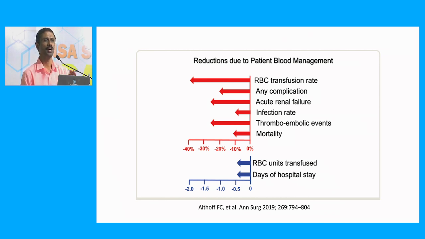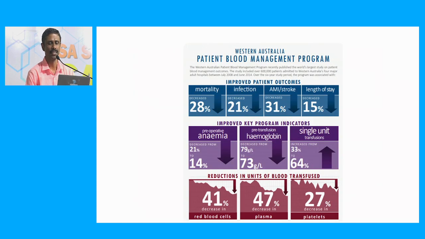I'm sure NABH would come up with its own guidelines to ensure that patient blood management is implemented across all its accredited hospitals. This large trial by the West Australian group showed that the mortality decreased by 28%, infection rate decreased by 21%, stroke rate by 31%, and the length of the hospital stay by 15%.